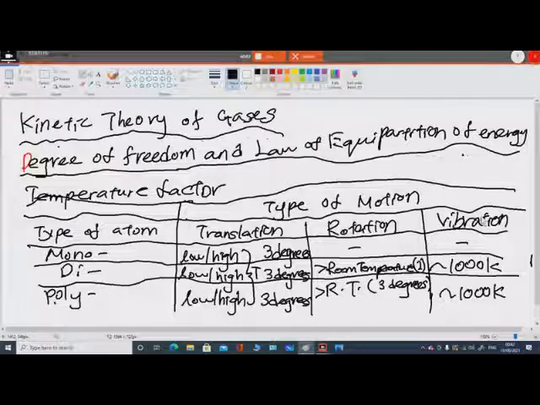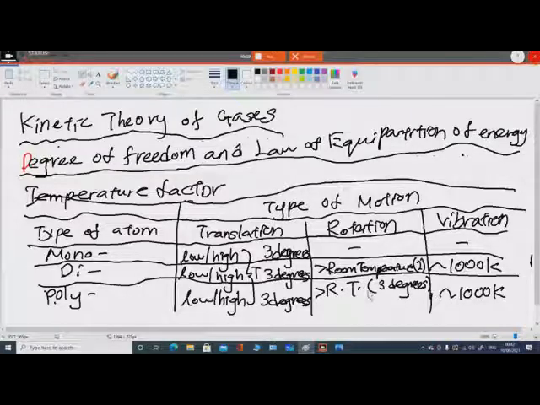So as we can see, at 1000 Kelvin the vibration occurs only for diatomic gases and polyatomic gases. As for the rotational motion, in order for it to occur, the temperature must exceed room temperature, for the diatomic gases as well as polyatomic gases.